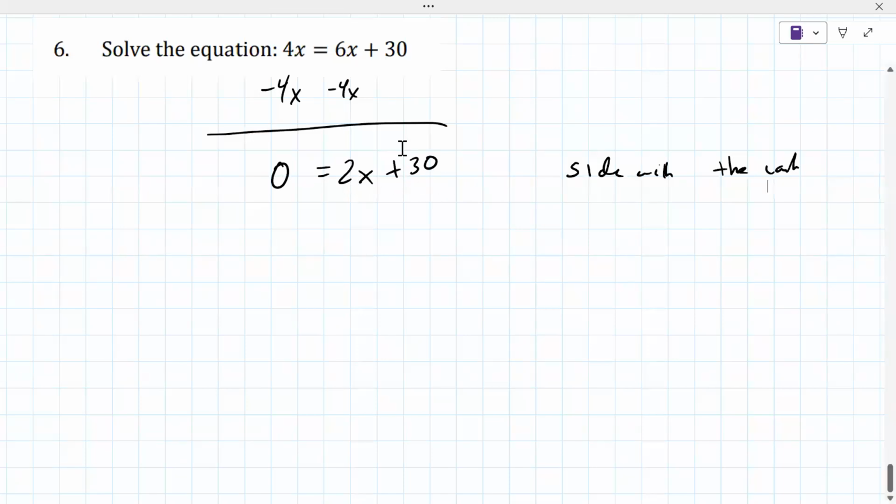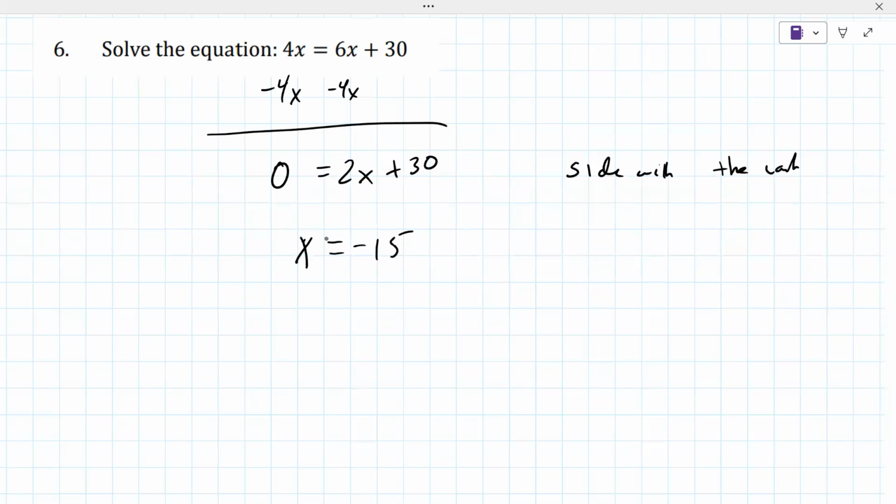Oh, the addition. Okay. So subtract 30 from both sides, then undo the 2. So is that negative 15?